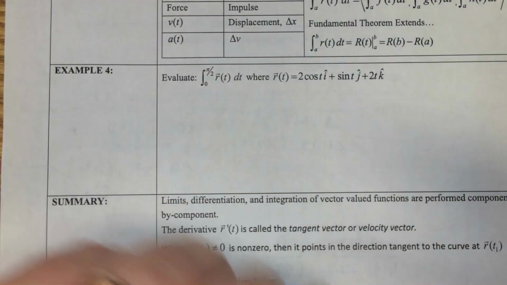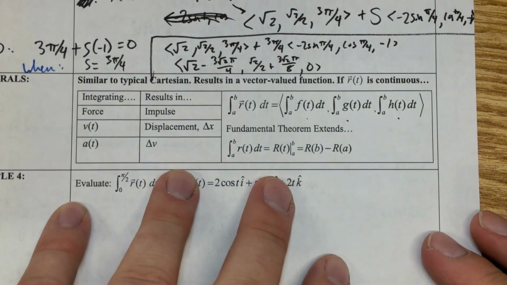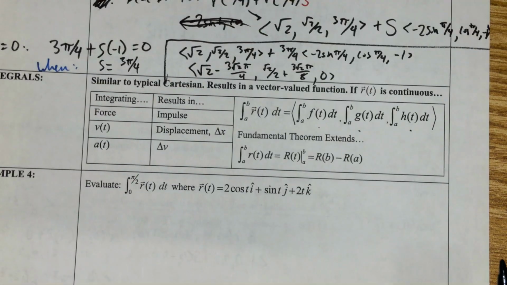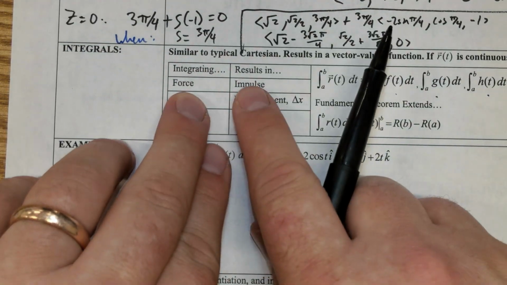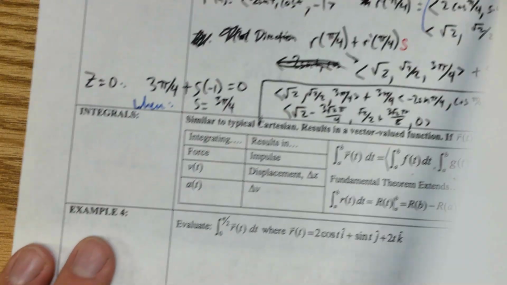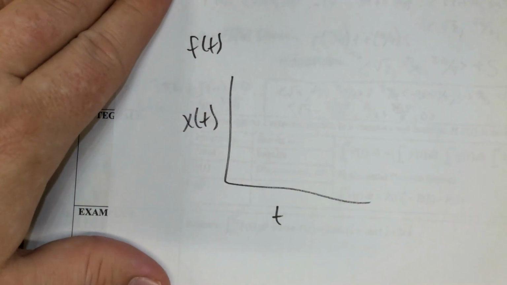Evaluate this integral. Well, just as we saw with derivatives, I'm going to take an integral of each piece. As long as it's continuous and I don't have anything to worry about, I will take the integral of each of those pieces. But I do want to talk for a moment. When I take the integral of these three functions, we have to recognize that f of t describes a function that relates x and time.